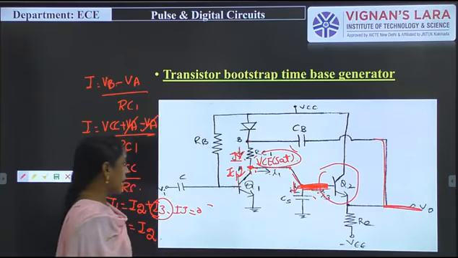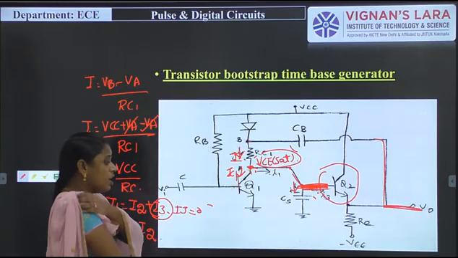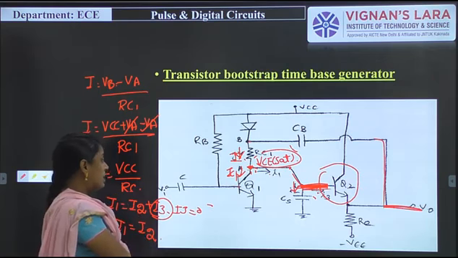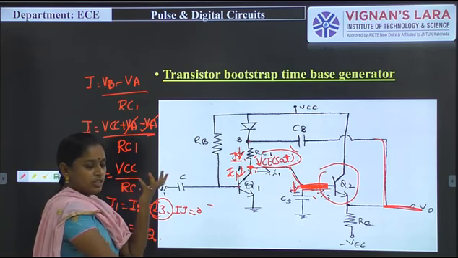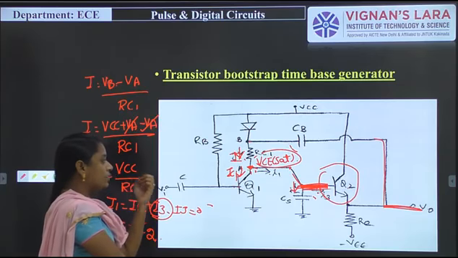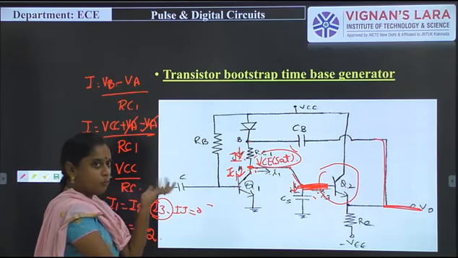At the same time we have to check the output condition. What is the output? Let us check. This is the operation of the circuit: a constant current flows through this circuit, and across this circuit it produces an output signal.